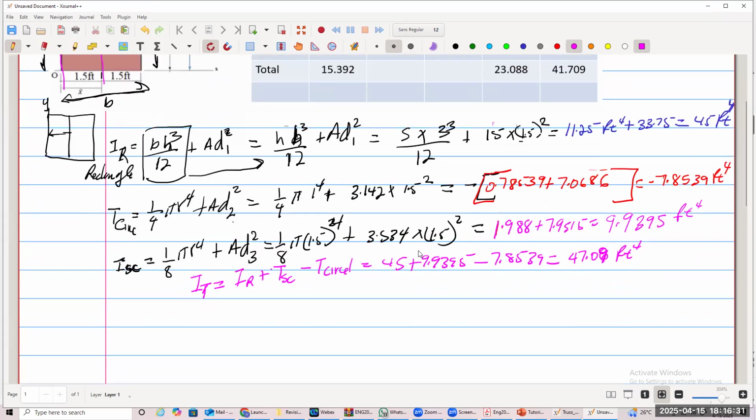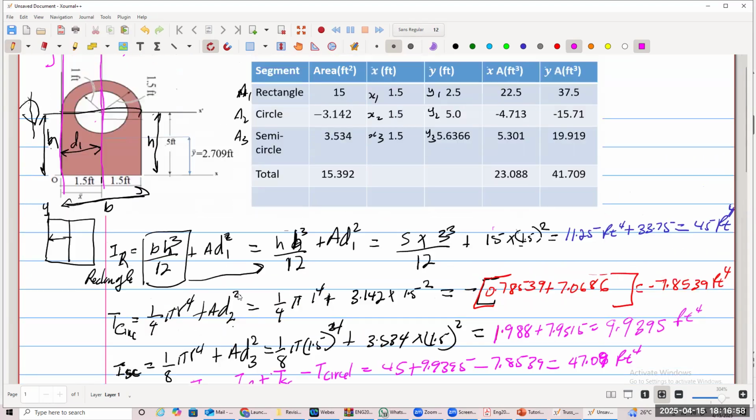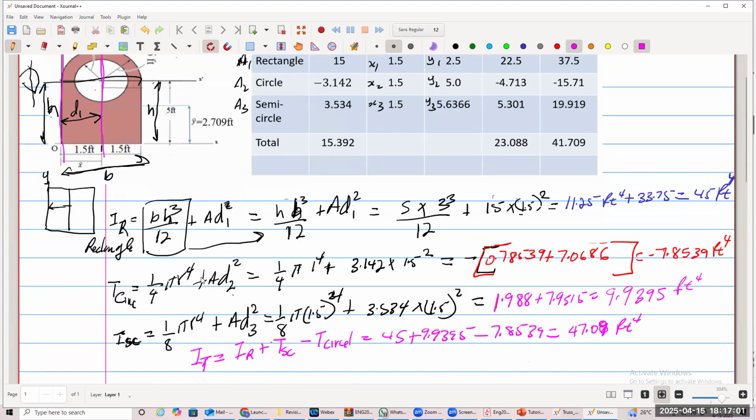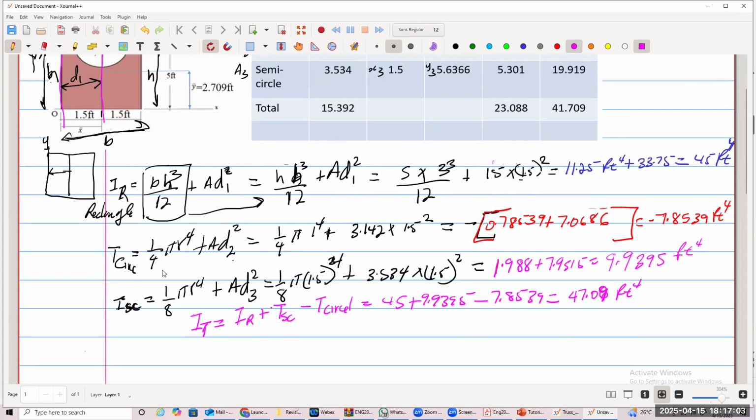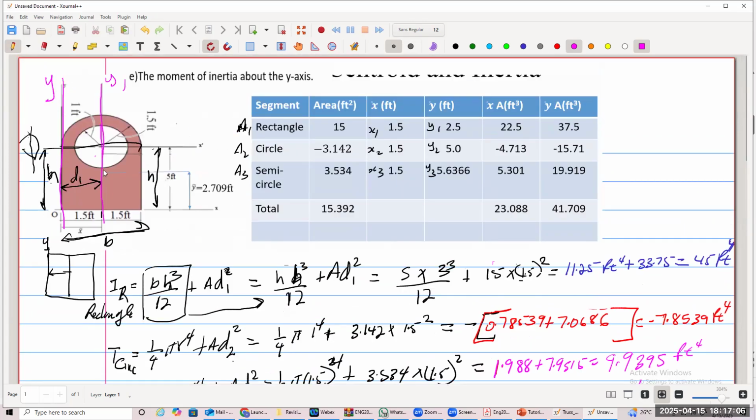So this would be finding it around the centroidal axis. If you're finding it around the centroidal axis for the Y, using the Y axis as a reference, that would be it. Right? But you'd have to be using the Y axis as reference for the figure in that instance.